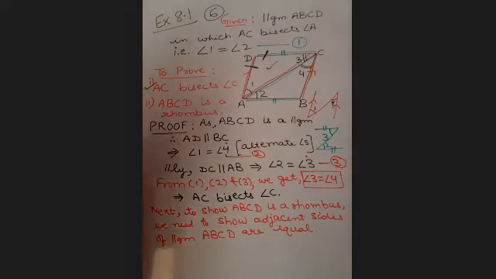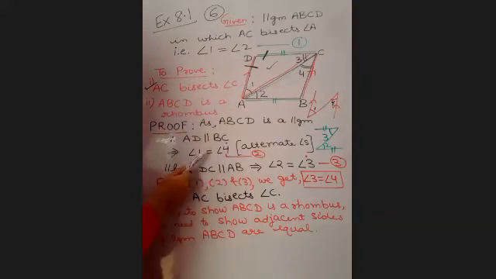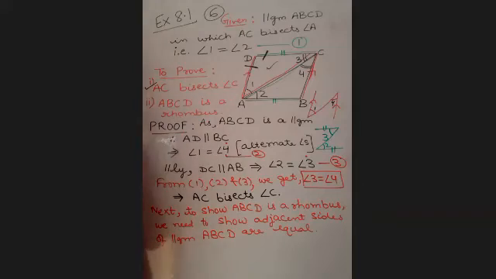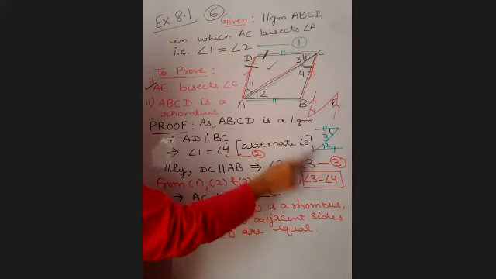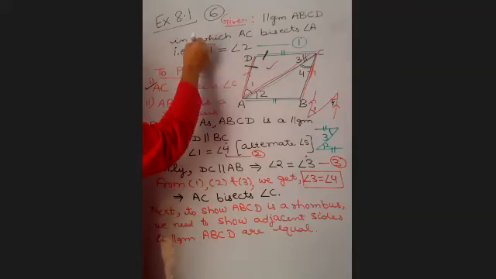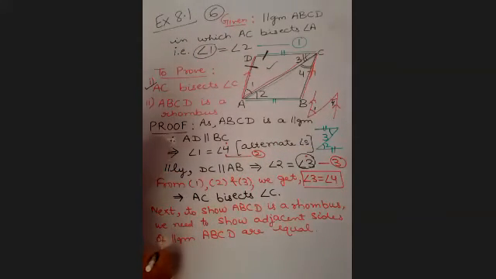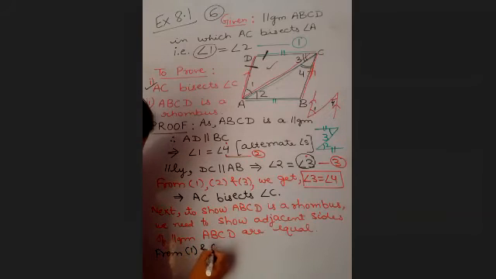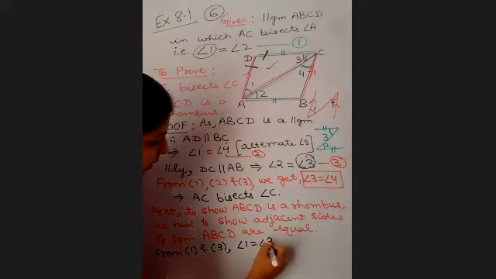Okay. So here we go. We will say that 1 and 2 are equal, 2 and 3 are equal. So this gives me 1 and 3 are equal. So from 1 and 3, angle 1 is equal to angle 3.